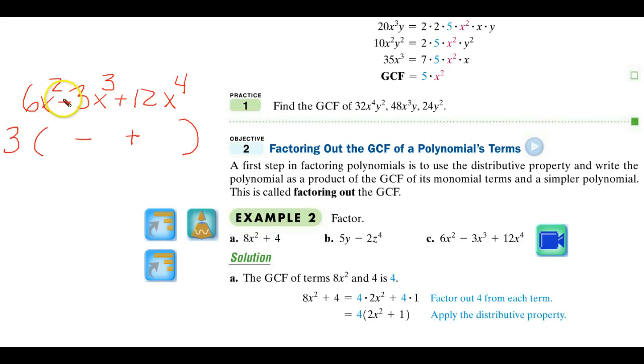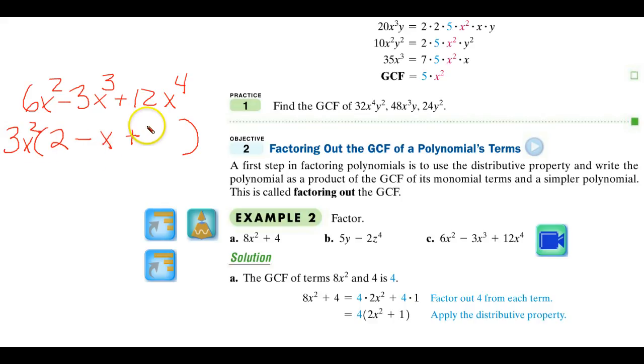And what else is common to each in terms of the letters? Well, can you see we can take an x squared out of each term? So now what's left? Well, 3 times what? 2 goes here. Now 3 goes into 3 once that we're not going to write, but there's an x left over.